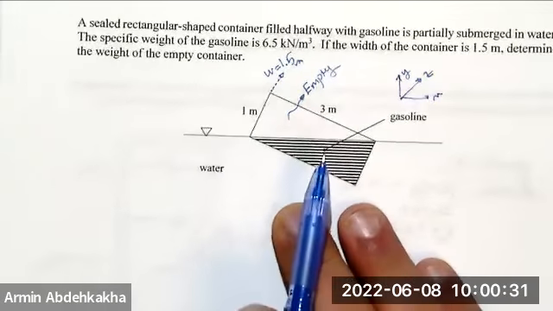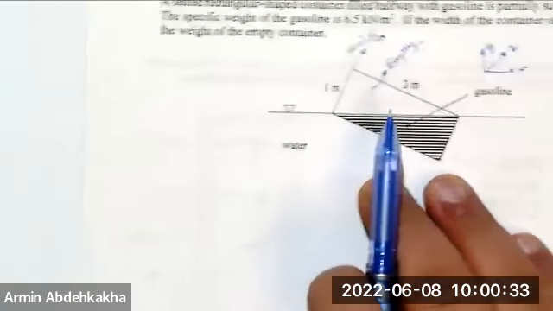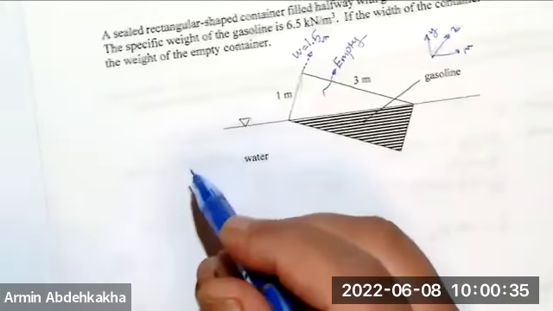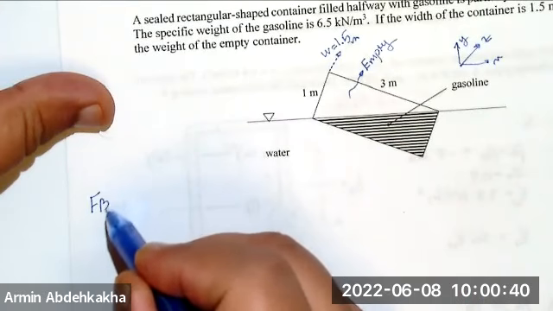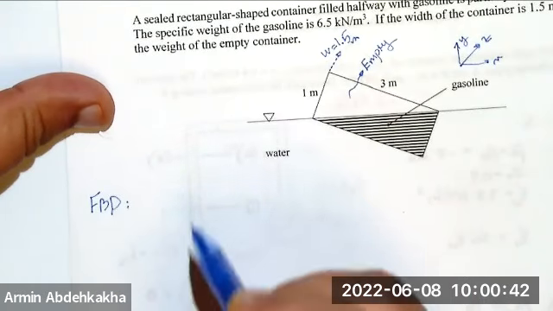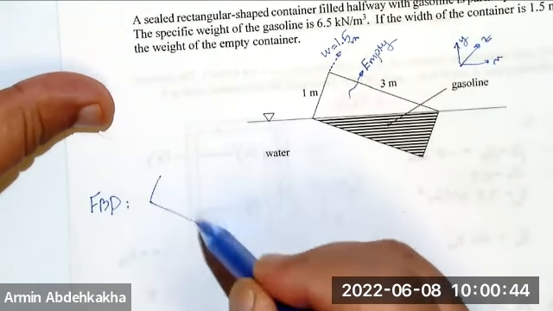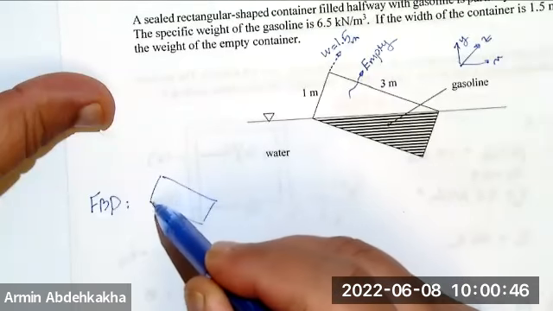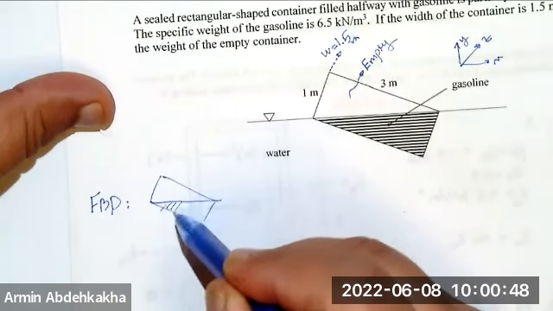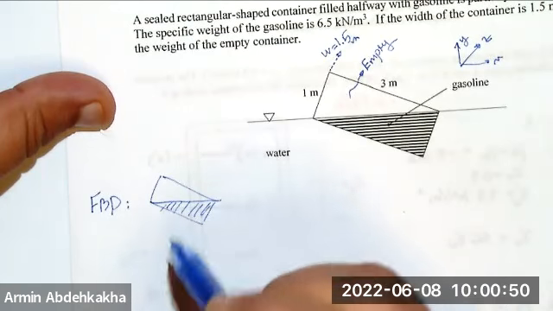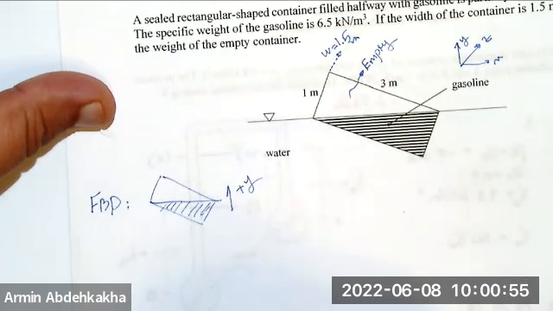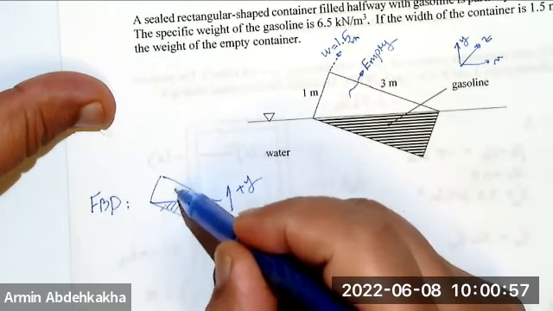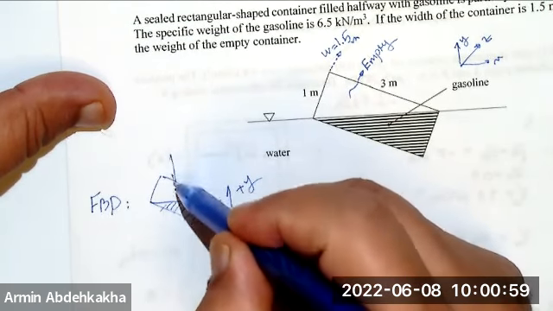Okay. Force body diagram. Gasoline, and this is the Y direction, right? Let's see that that's the W.